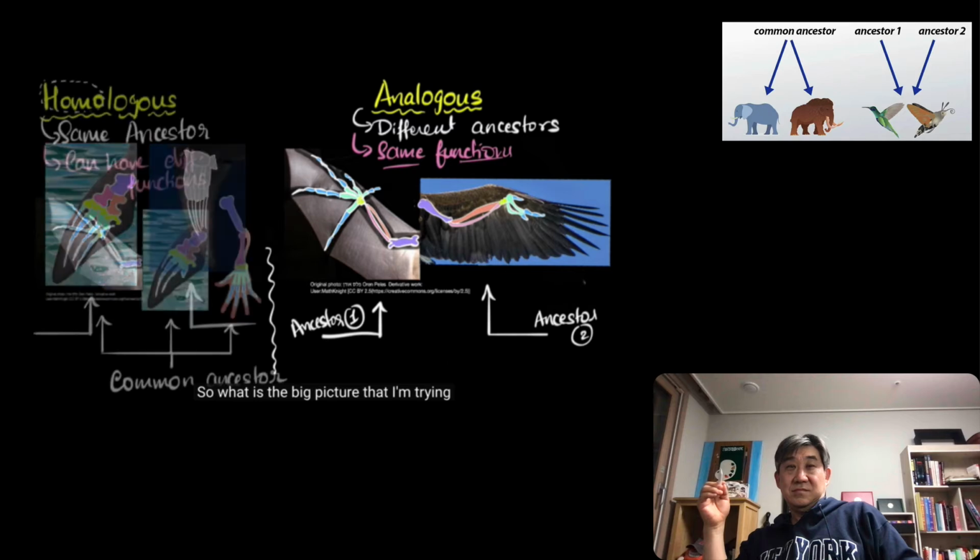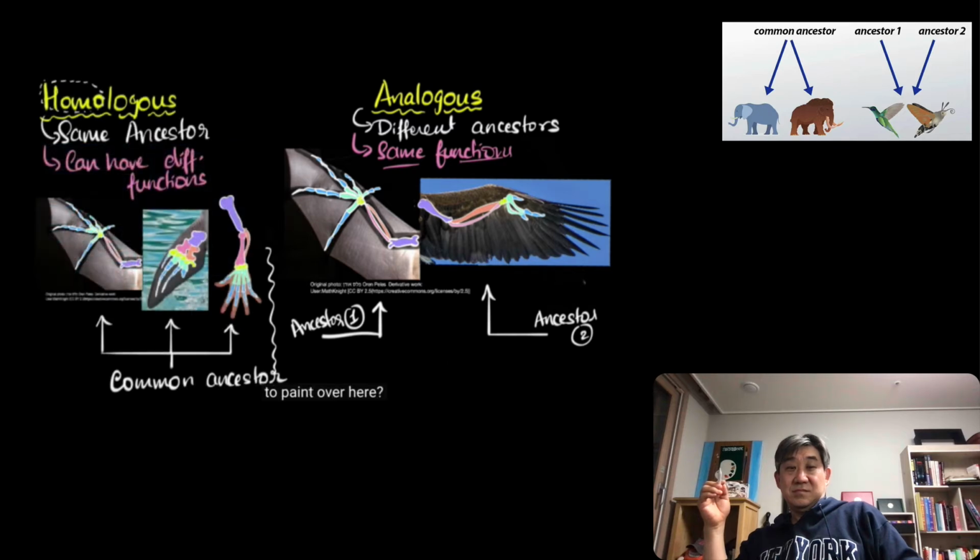So what is the big picture that I'm trying to paint over here? Well, the main thing that I'm trying to tell is, when we are studying evolutionary biology, just because we see certain structures which look very different at first and perform different functions, they can still have the same underlying structure, and so they could still be related by a common ancestor, homologous structures.